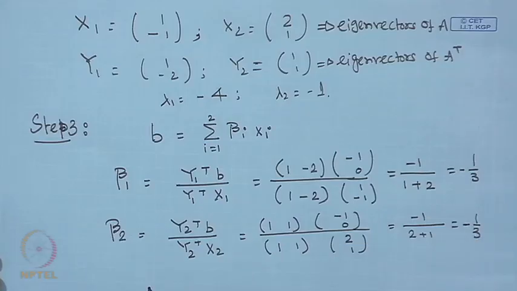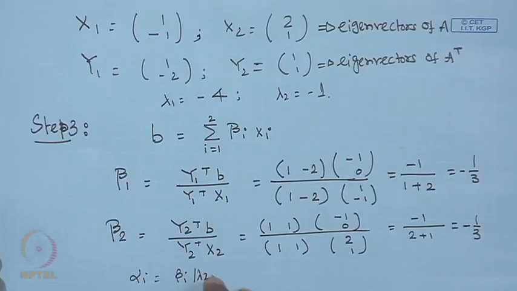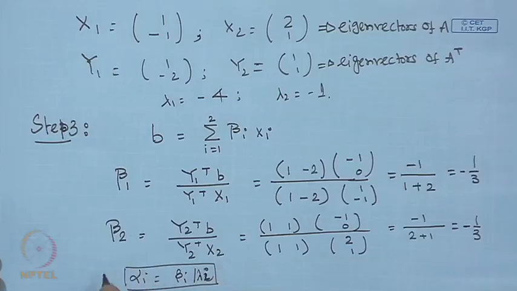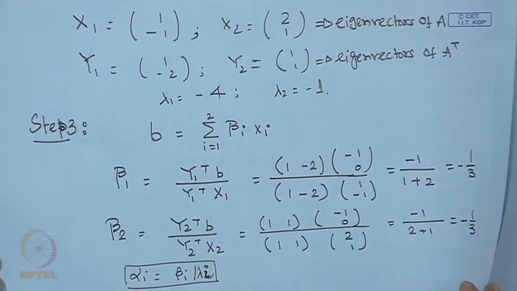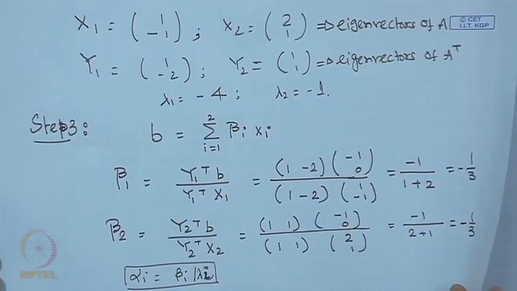Okay. Next, we evaluate alpha 1 and alpha 2. If you remember, alpha i was equal to beta i by lambda i. So, once you get the betas, and you already know the lambdas, you can get the alpha i's.